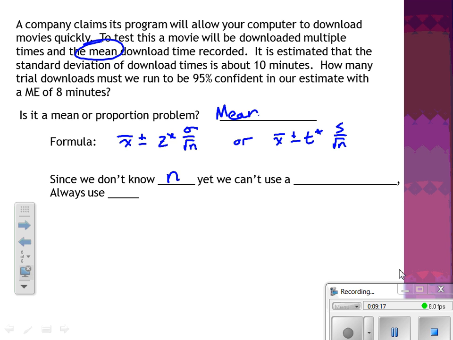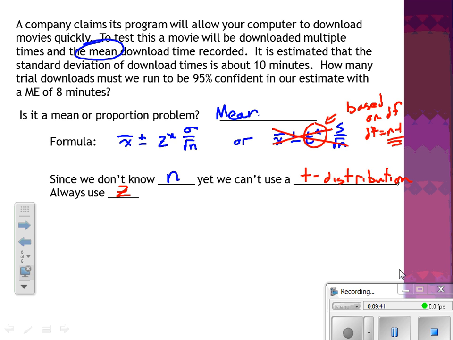And if we don't know the sample size, to get t star, this was based on degrees of freedom. And remember, degrees of freedom equals n minus 1. Well, we don't know n, so we cannot use a t distribution. We're always going to end up using a z distribution.